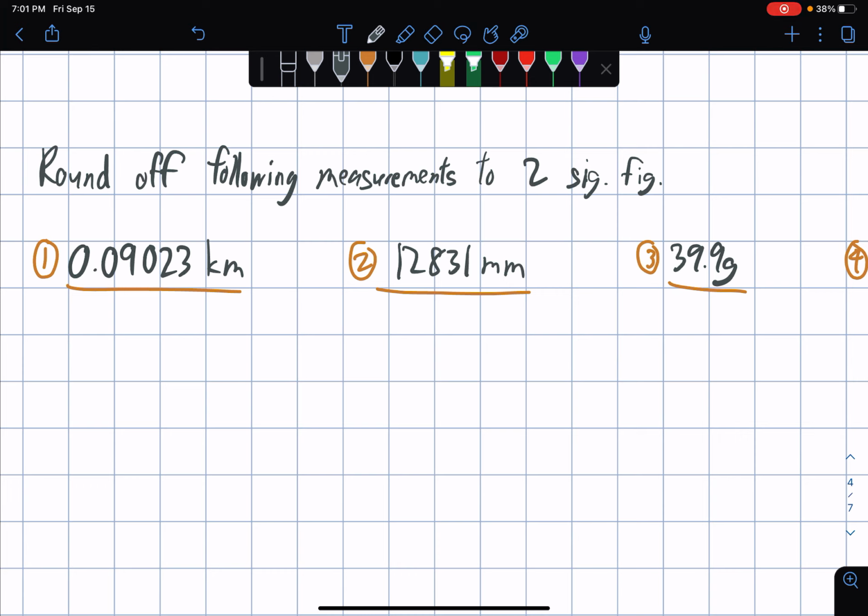We will move the decimal point to the closest non-zero number, in which case it's 9. So let's recopy the entire thing. 0.09023 becomes 9.023. We don't have to copy it anymore, since if you round this off, 2 isn't big enough, so we'll just write 0.